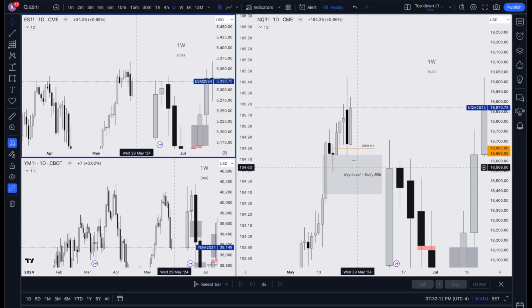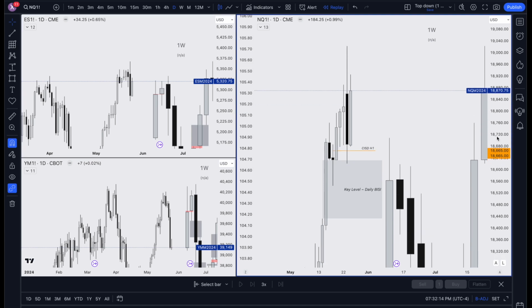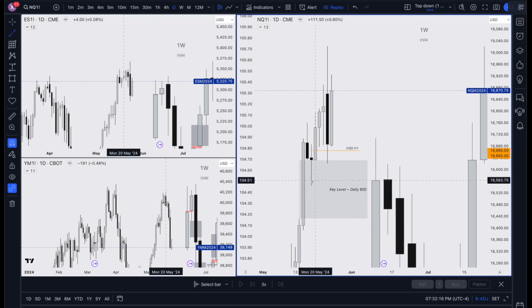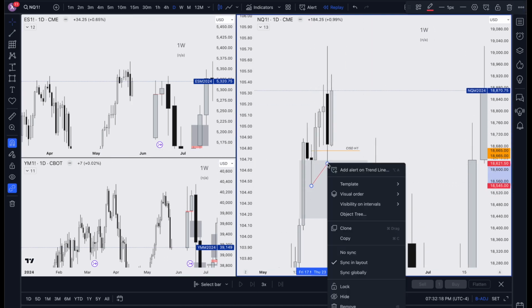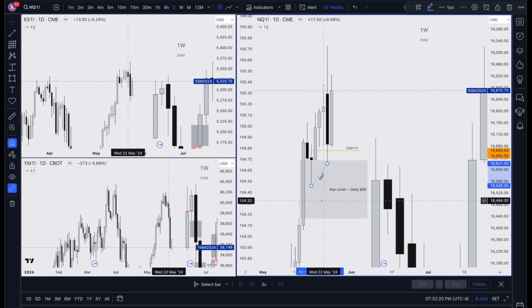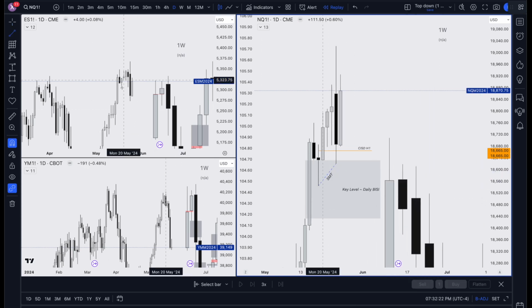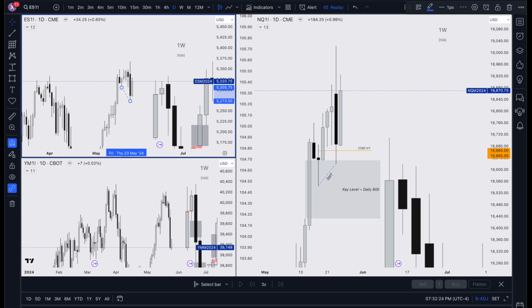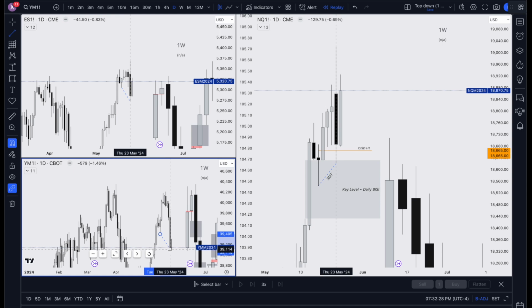What I saw then, which is my bias for today, was a couple things. We form an SMT inside of our key level, again, at the daily swing low. Okay, mark out my SMT. Cool.